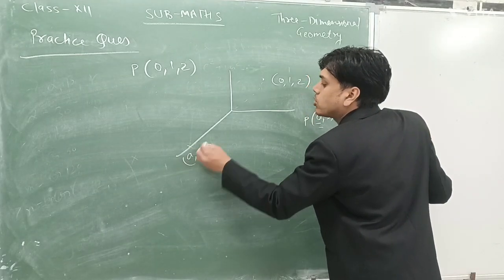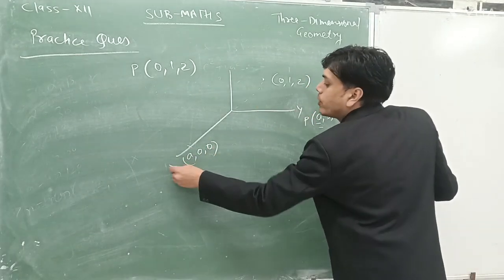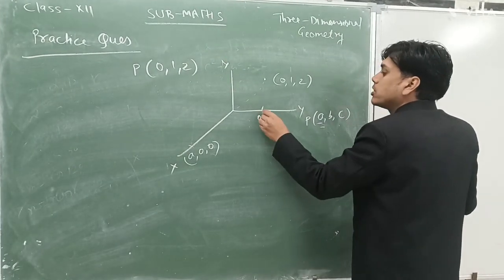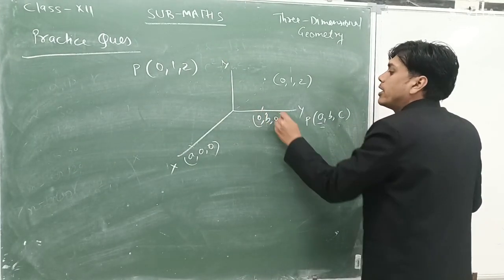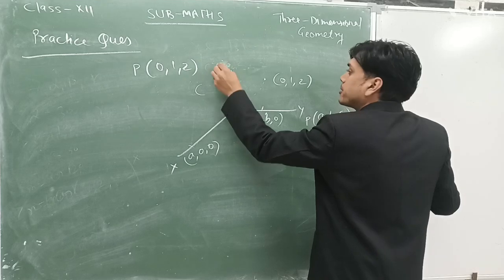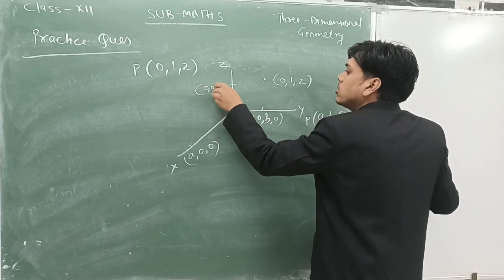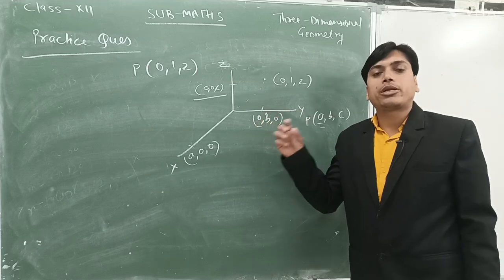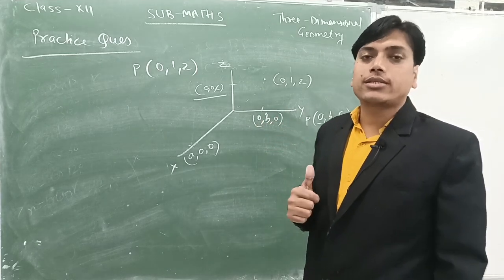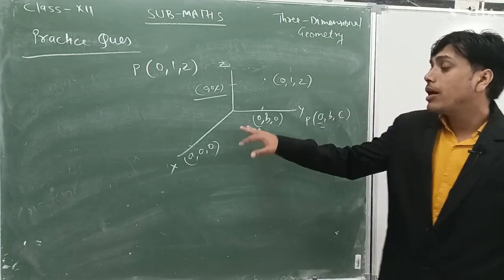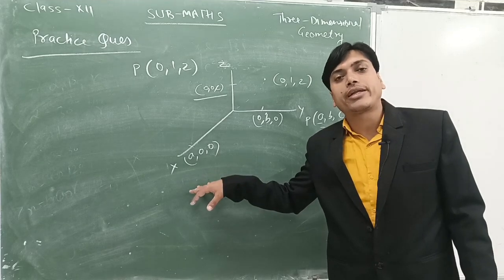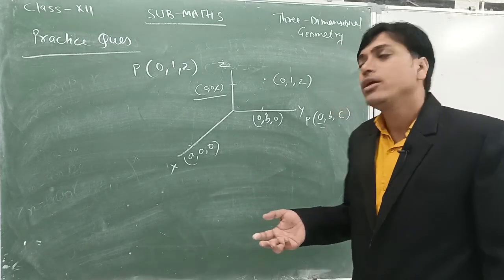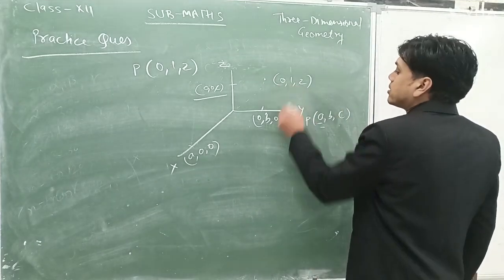So any point on the x axis is a, 0, 0, on the y axis it is always 0, b, 0, and on the z axis it will be 0, 0, c. So whenever you are drawing a perpendicular from any point to the x axis, y axis or z axis, except that coordinate axis value, all other values will be 0.